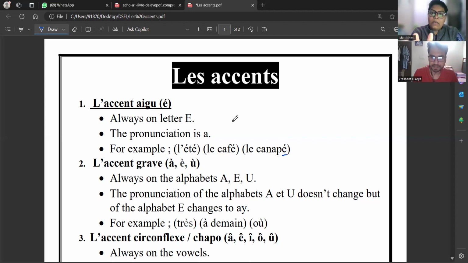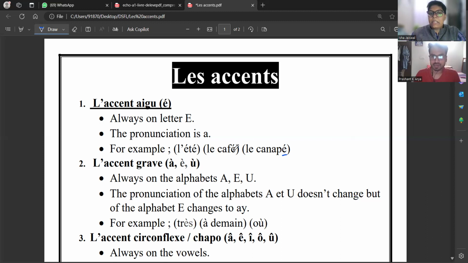I have told you that generally we don't pronounce the last letter, sometimes we don't pronounce the last two letters, but if any of the five accents are on any of the last letters, we have to specifically pronounce that. That is a rule. For example, if the accent would not have been on this letter, the pronunciation would have been kaf.